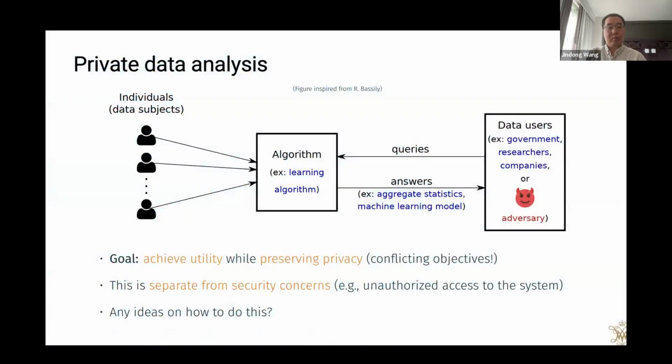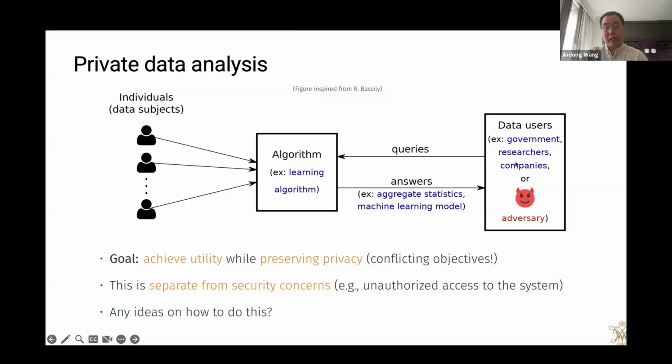And privacy attacks, what does it mean? It means, okay, you are the individual data subjects. You are contributing your data to some online algorithm, because this online algorithm could be any platform, like TikTok. It is trying to optimize the recommendation system based on your data, your inputs, and other people's data, right?